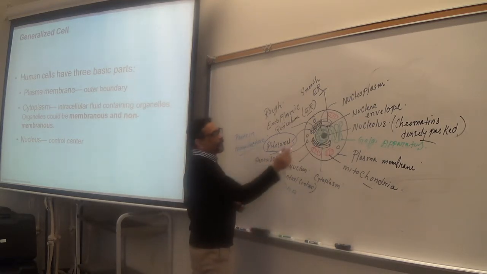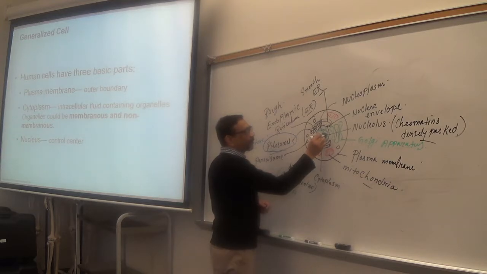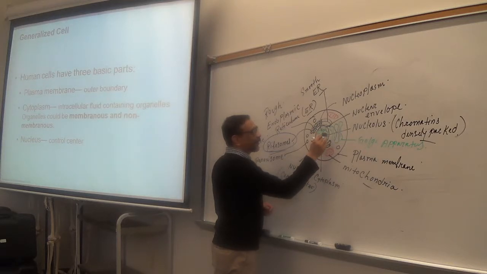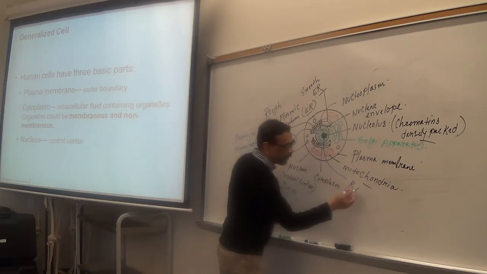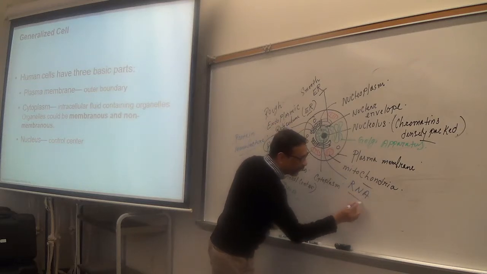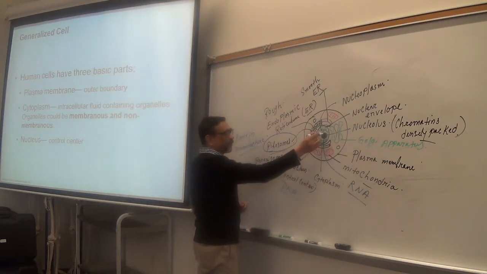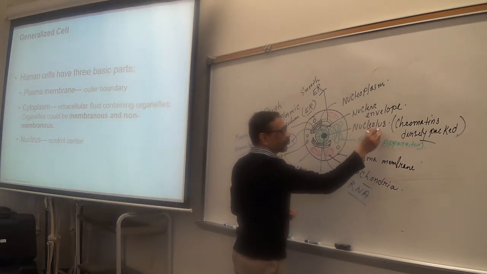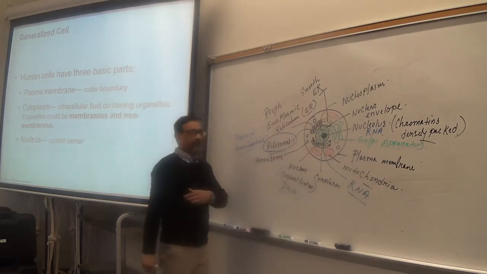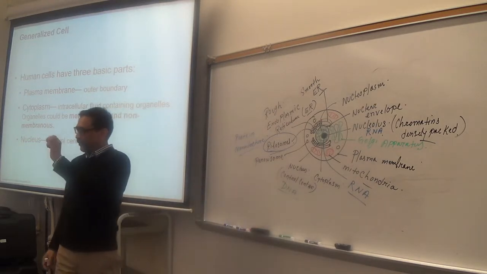In the nucleolus, you have other components. Those are very important. Those are called RNA. So the nucleolus contains RNA, which is very important for protein manufacturing.